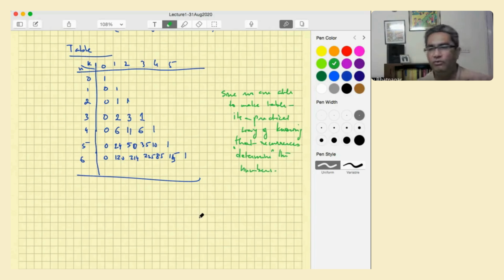I mean, this is an obvious thing, but one has to understand very clearly that when you make recurrences, do they actually determine the numbers? Otherwise, it's no point.